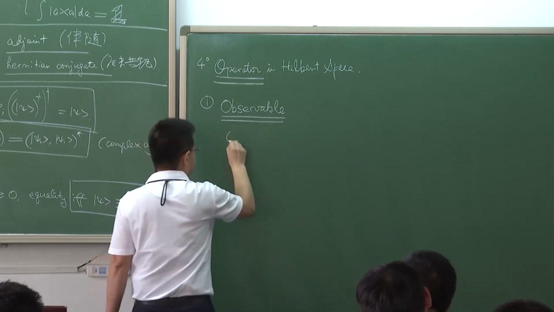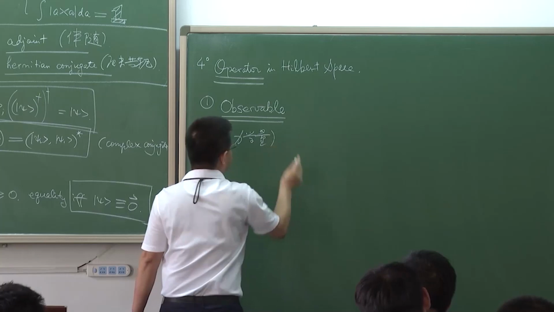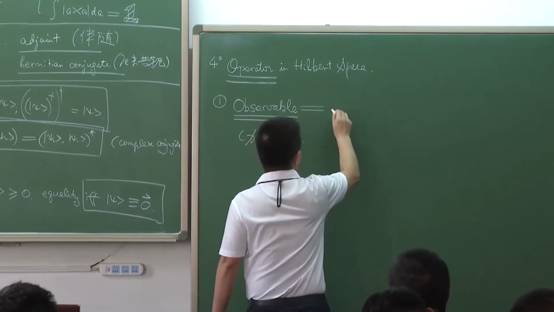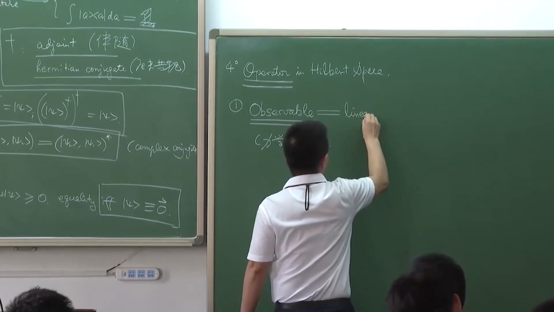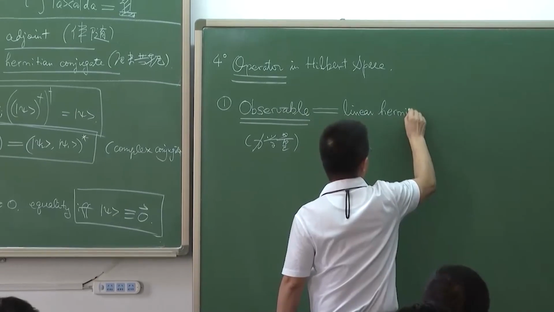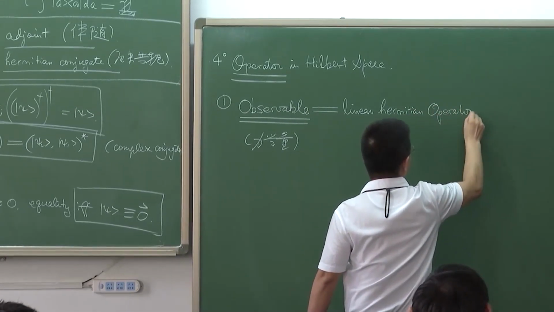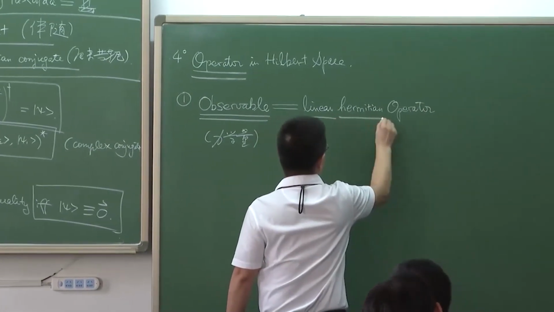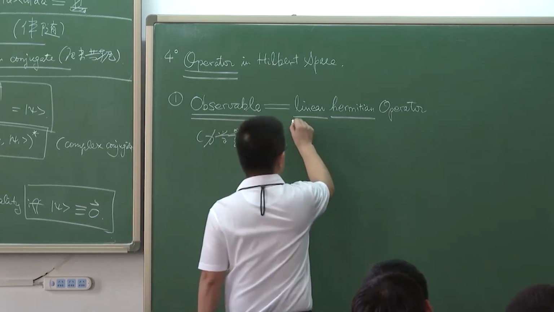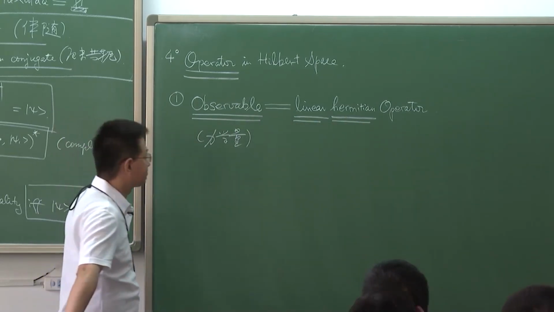In Chinese, this thing is called this. What is an observable? An observable is a linear Hermitian operator. So this operator should be linear and also should be Hermitian. So two key points for the operators.